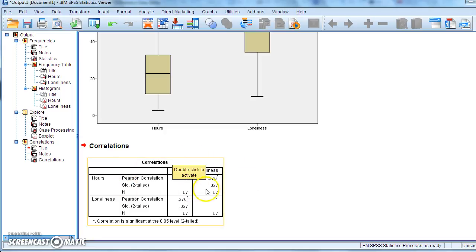And it's significant here. The significance level is smaller than the usually accepted p equals 0.05, so we would say that there's a significant relationship. But when reporting a correlation, it's important not just to say there was a significant correlation. You need to also say which direction the correlation was.